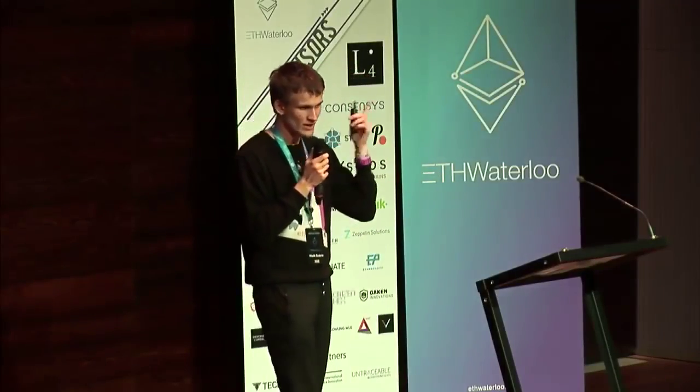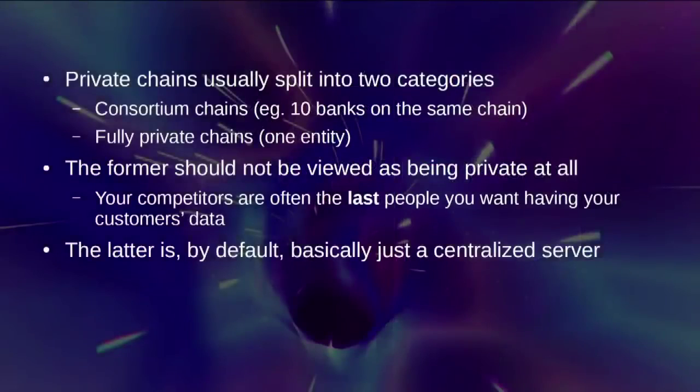Now, private chains tend to usually be split into two categories. The first category is consortium chains. So basically just take 10 banks and put them on the same chain. And the second is fully private chains that are controlled by one entity.